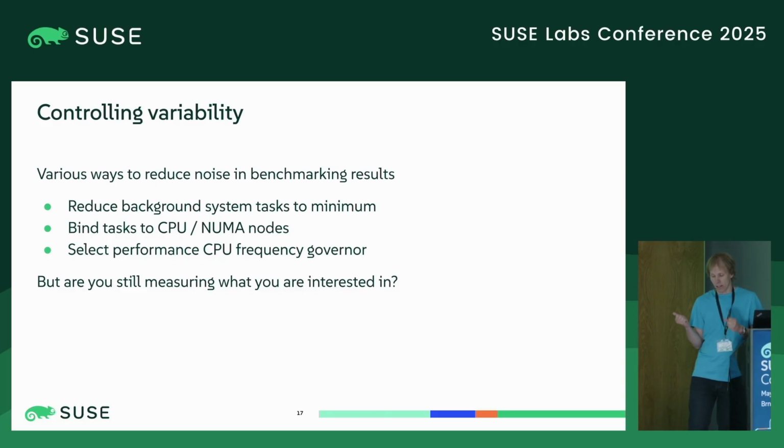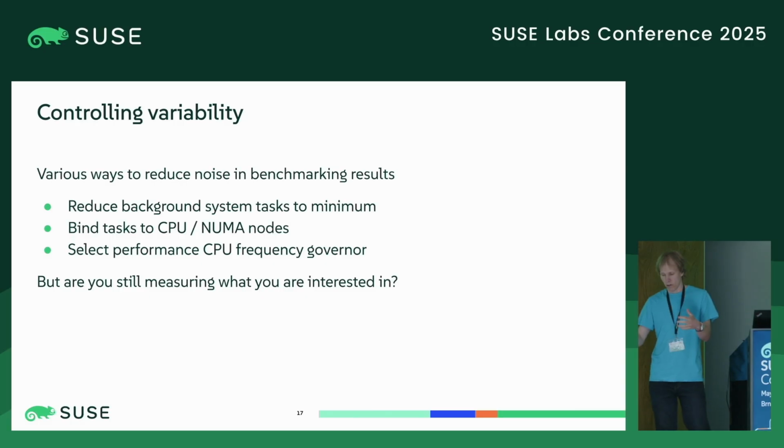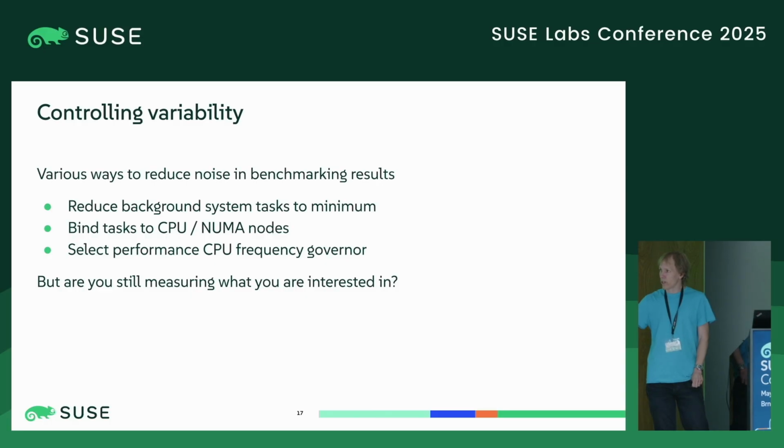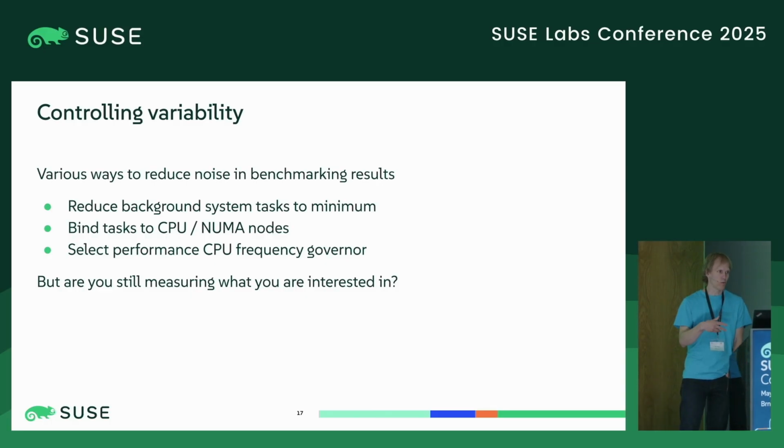On the other hand, if you do more macroscopic benchmarking, where you try to approach the production conditions the real customers are going to see, then you cannot really afford to do all these tunings, because the customers aren't going to bind the tasks to CPU nodes. They aren't going to select the performance governor because they want the power savings.